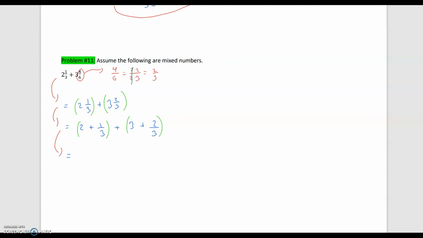So at this point, I'm going to drop the parentheses and combine the like terms. So this will be 2 plus 1/3 plus 3 plus 2/3. And then at this point, let's combine the integers.